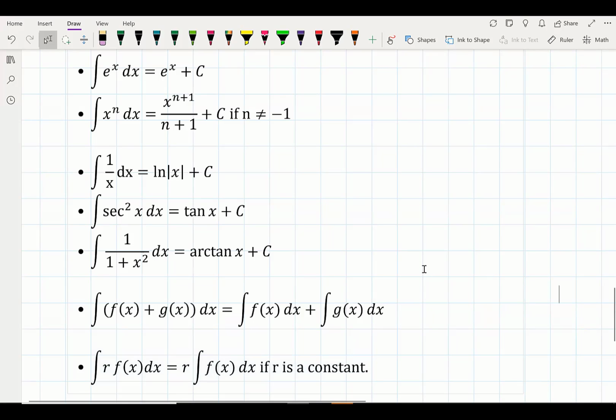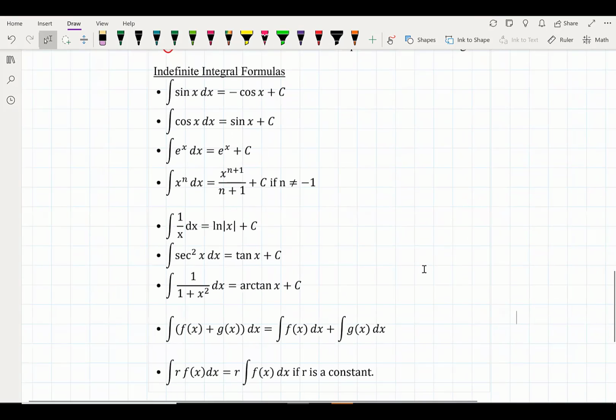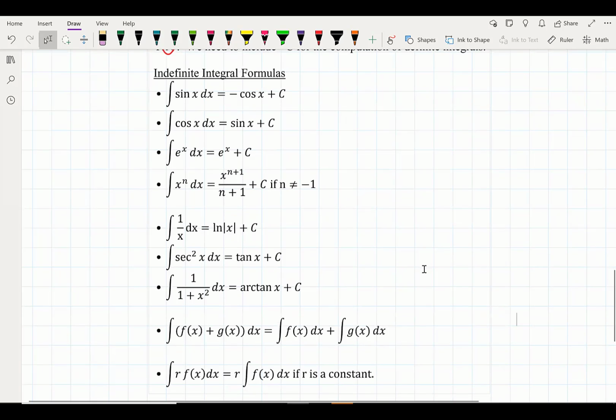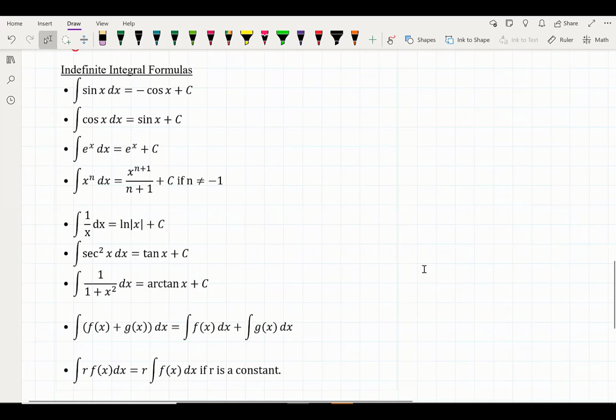Okay, so let's see, did I make any typos in all that? No? Any questions on this? Do the last two need plus C anywhere, or is it not necessary? Good, I'm glad you asked.